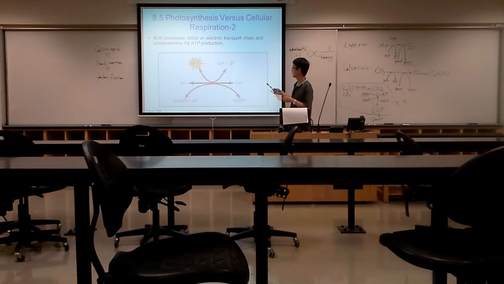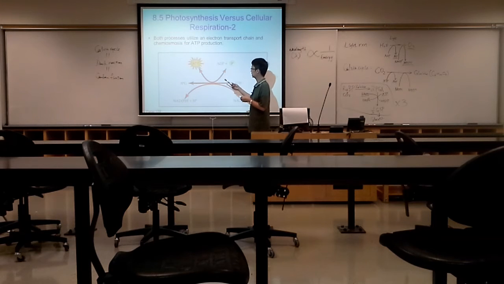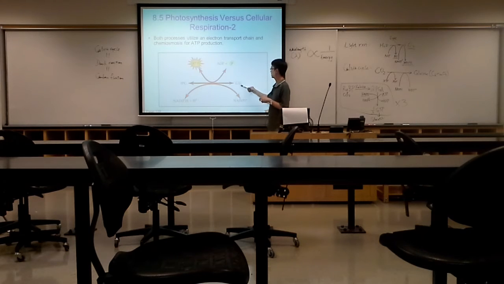And this one, G3P, the 3PG. G3P is from photosynthesis. So they use the ATP to make G3P. They also use the NADPH to make G3P. G3P again is the precursor of glucose.